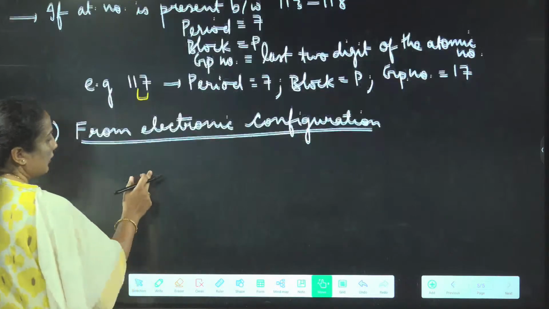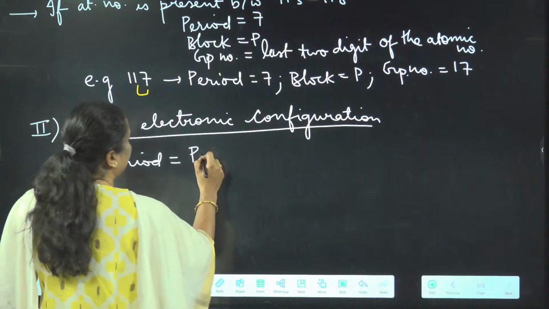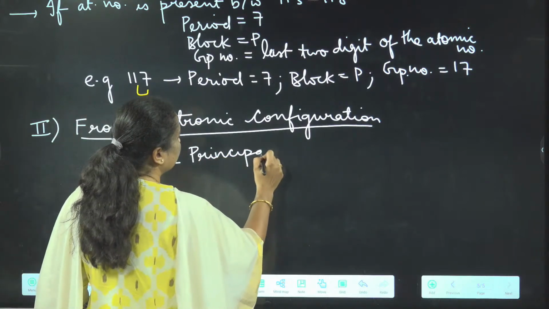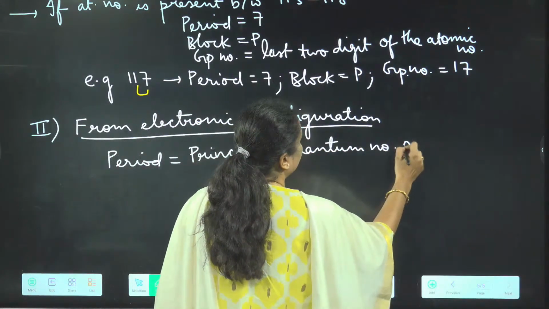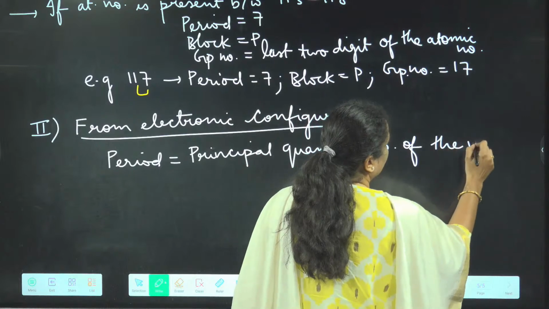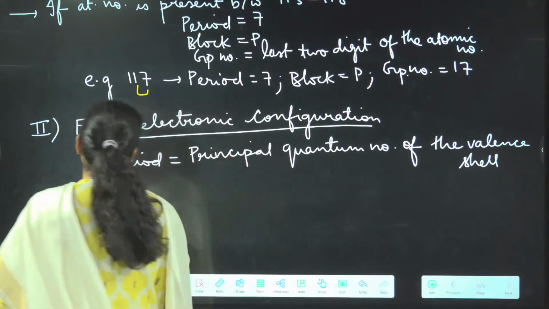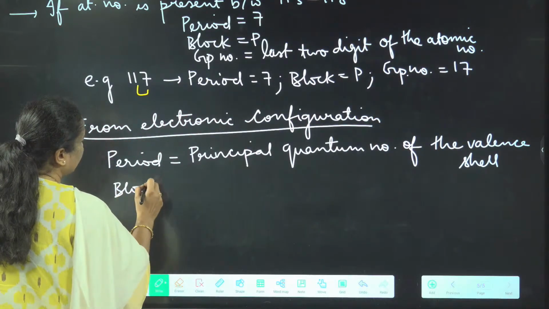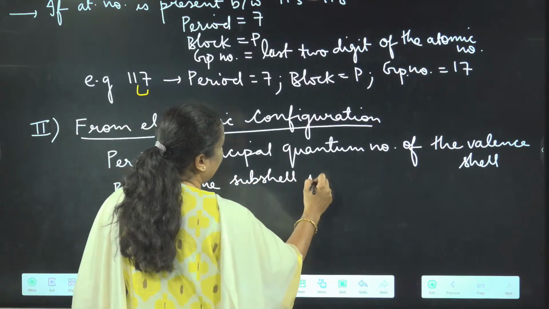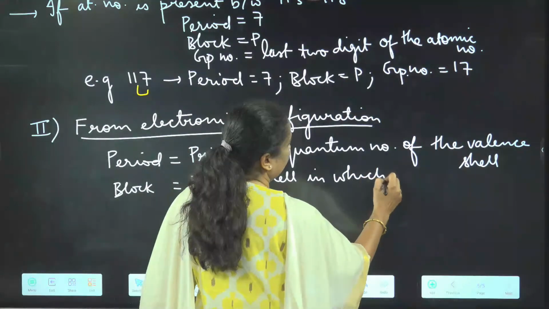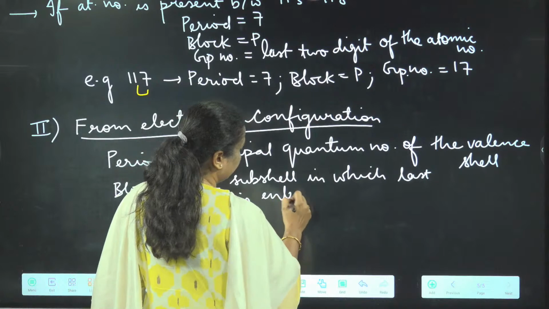So for this, we'll be writing period corresponds to the principal quantum number of the valence shell, and block corresponds to the subshell in which last electron is entering.